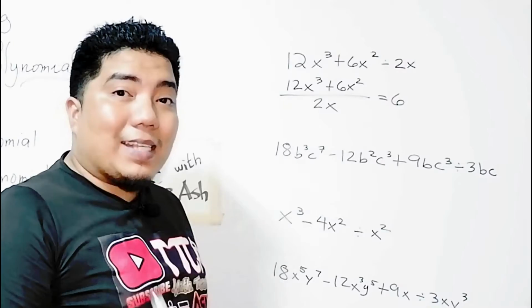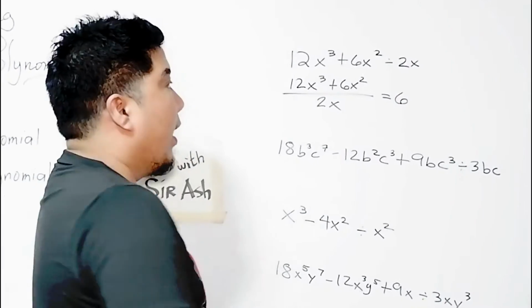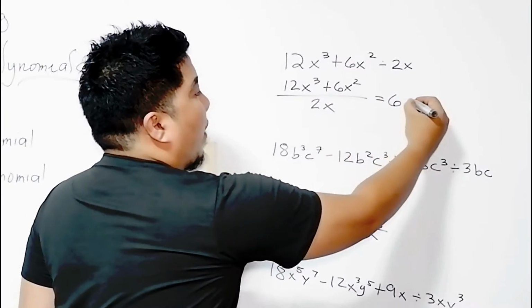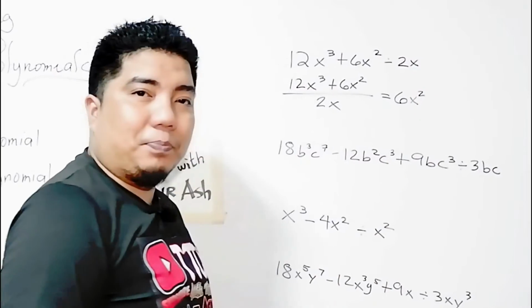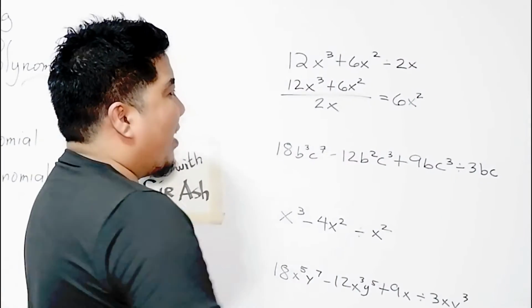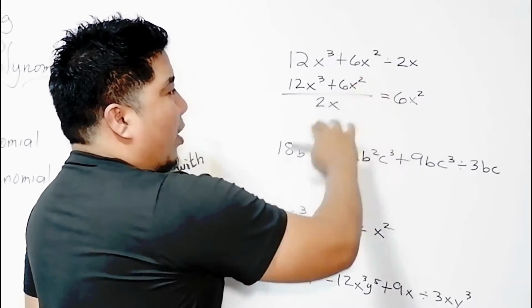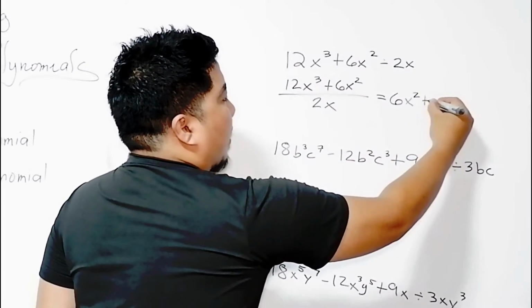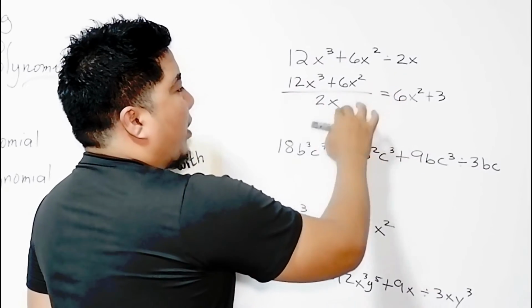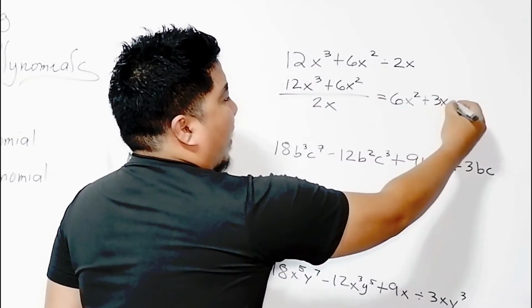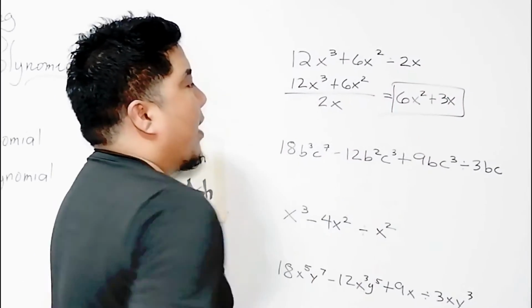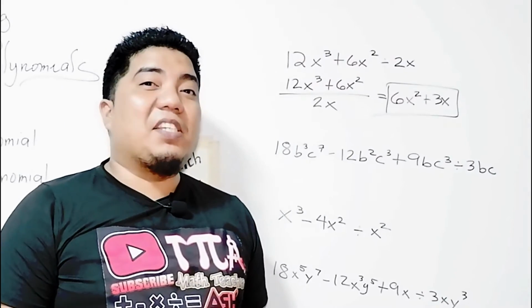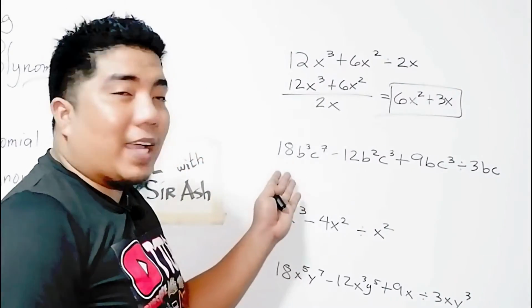Since x here has an invisible exponent of 1, that is 3 minus 1, and you will have x squared. Easy, right? Now I will divide the second term by my divisor. 6 divided by 2, that is positive 3. x squared divided by x, and that is x. And I have now my final answer. Easy, right? Now, let us go to the second example.